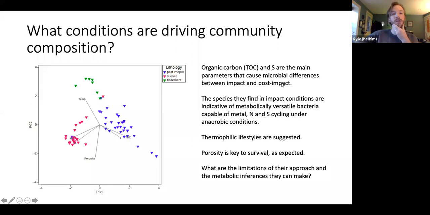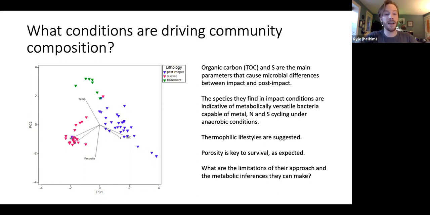And then they wanted to look at what conditions specifically are driving that community composition. So in addition to sampling the number of cells and the 16S to show who was there, they also looked at a number of environmental parameters.